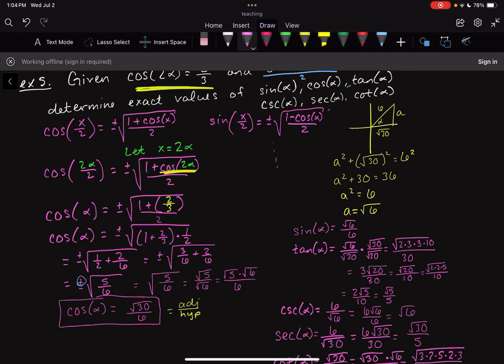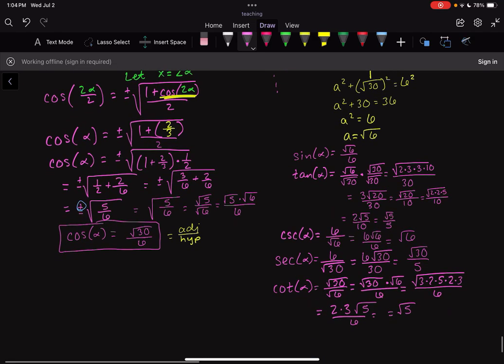Just make you do that first part that we did. I think that would be more realistic for a test. That one was kind of brutal to simplify, honestly. But I'm glad that I show it to you because it's just good to practice.